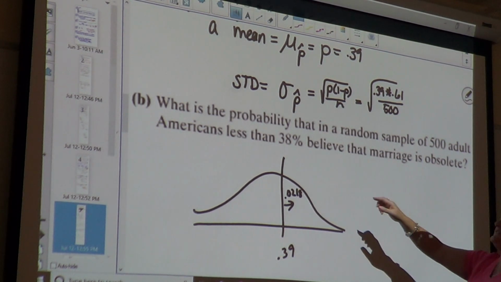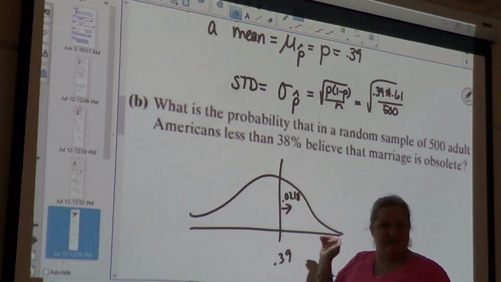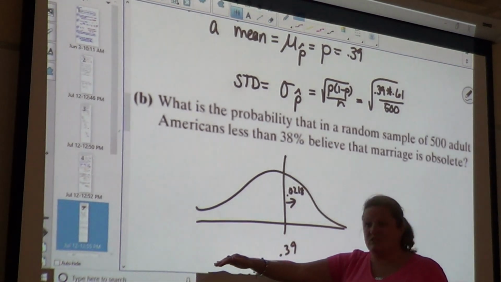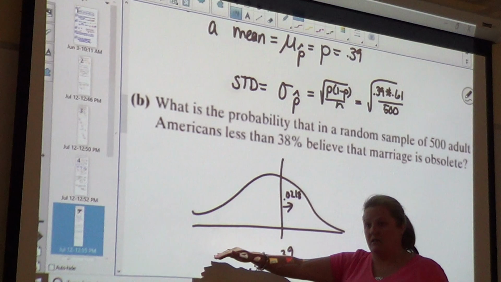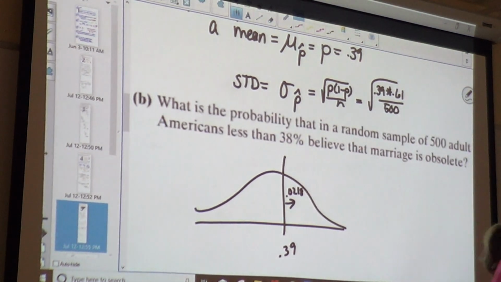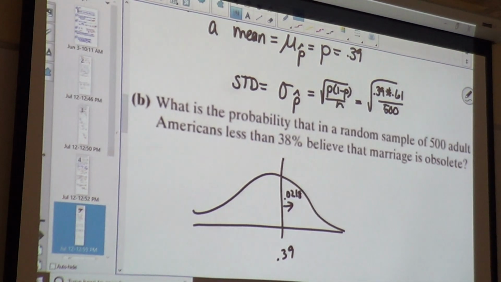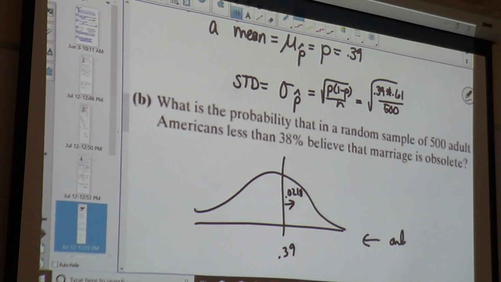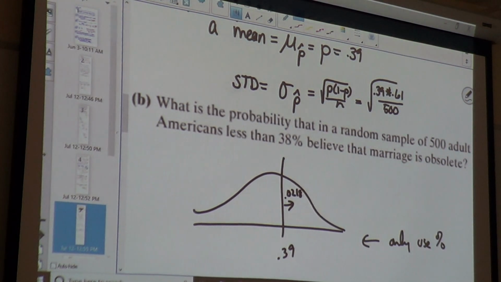Can I put that number down here? Yes. Why? Because it's a percent. We said we can only use percents down there on the bottom. So 38% can be used down there as 0.38.